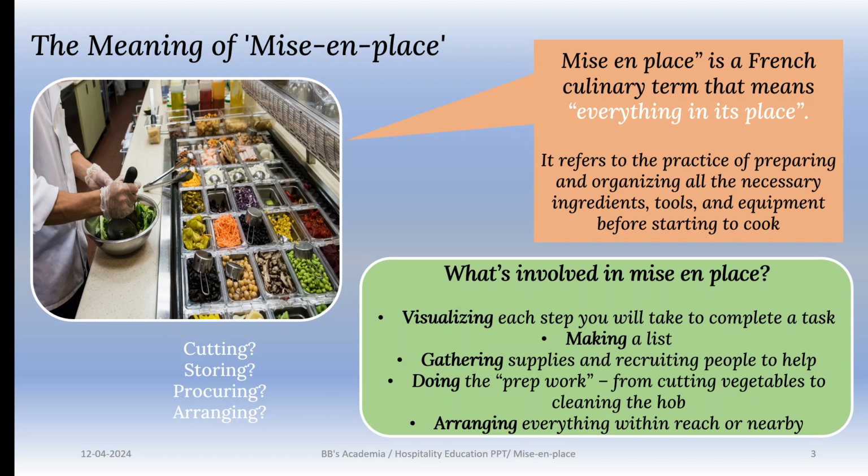That is, visualizing the steps involved, making a list as per the priority, then gathering everything starting from raw materials and other equipment, even the people at work, organizing them properly, then doing the actual prep work, from cutting down to cleaning, everything done together, and then arranging them properly before you actually start your cooking work. All these things come under the word mise-en-place.